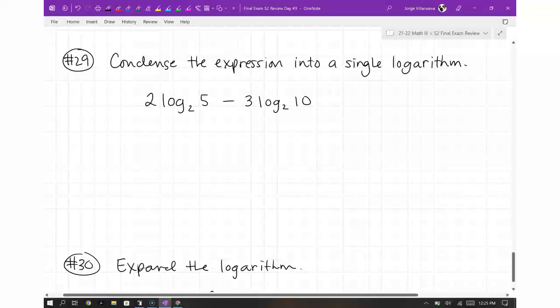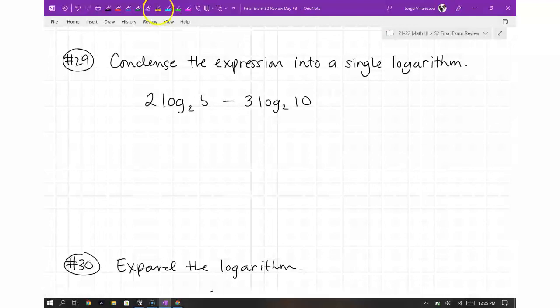Condense the log. They want you to get all of that and make it into just one term that says log base 2 of something. So just condense the log. So 2 log base 2 of 5 minus 3 log base 2 of 10.